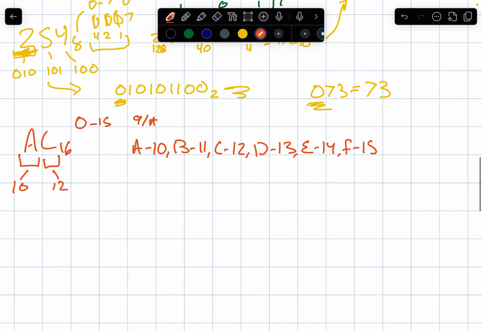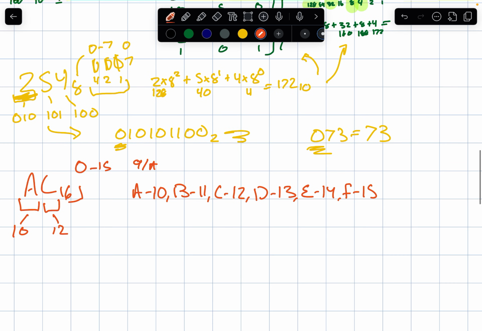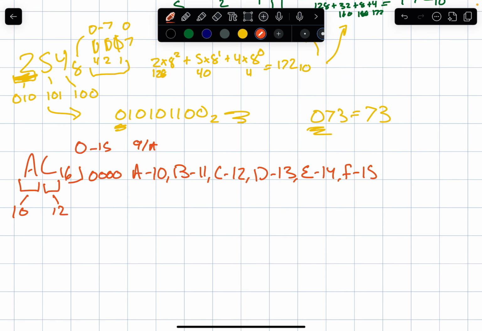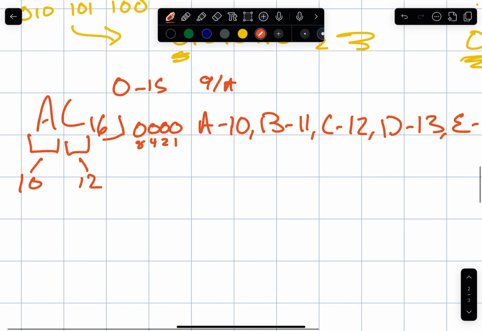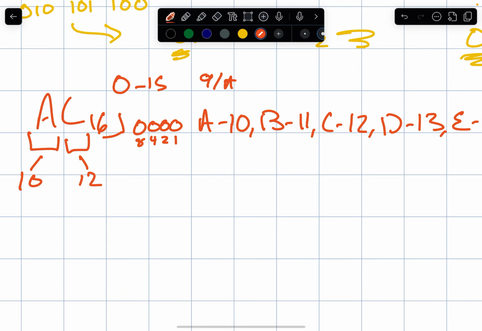All right. Since it is now hex as opposed to octal, it's going to be actually 4 bits of data to store these values. So again, we're just going to do the same formula here. So this is our ones place, twos place, fours place, and eight place. So now we're going to try to make these values. So 10 is going to be 1 in our 8, 0 in our 4, 1 in our 2, and a 0 in our 1s.